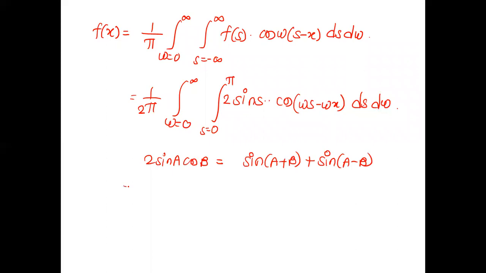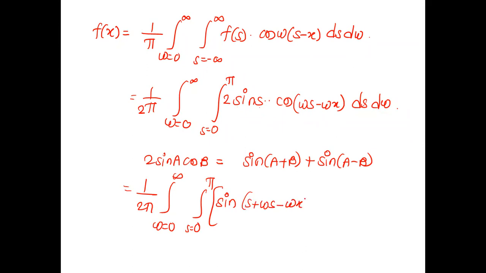Apply it here. So it is 1 upon 2 pi, integration 0 to pi, 2 sin A cos B: sin of A plus B, s plus omega s minus omega x, plus sin of A minus B, s minus omega s plus omega x, ds d omega.